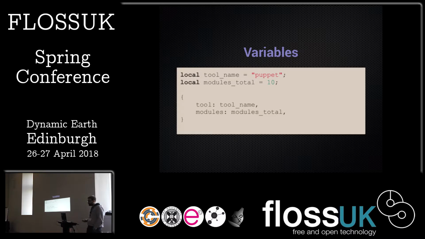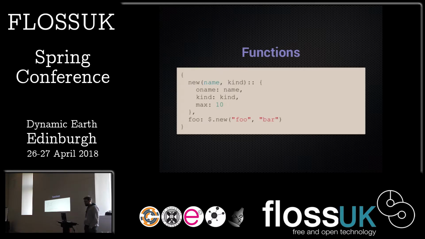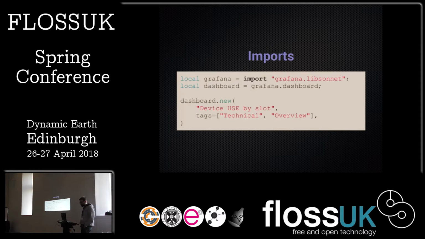You have variables that you can use and reuse so that you don't define the same value ten times in your JSON files. You have functions, like a function new that creates an object with my two parameters. You can import libraries. Let's say I have a big library, in this case to generate Grafana dashboards.